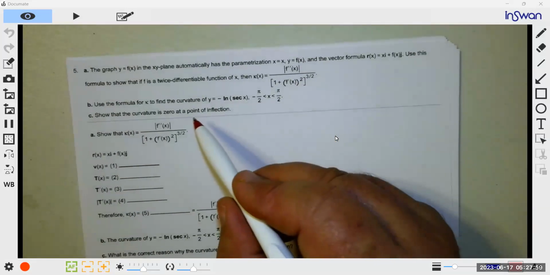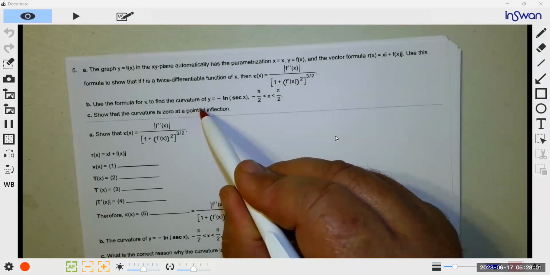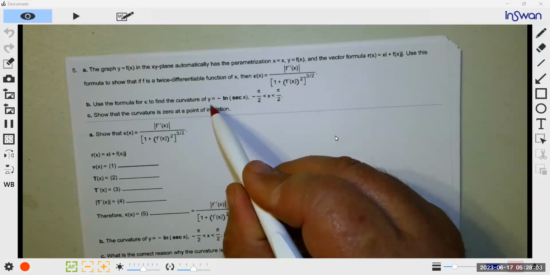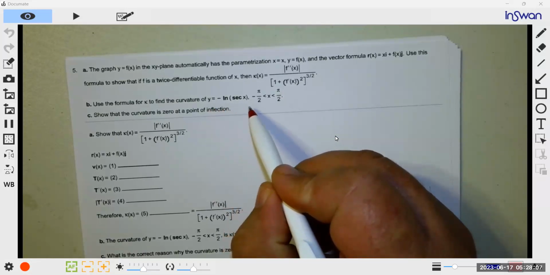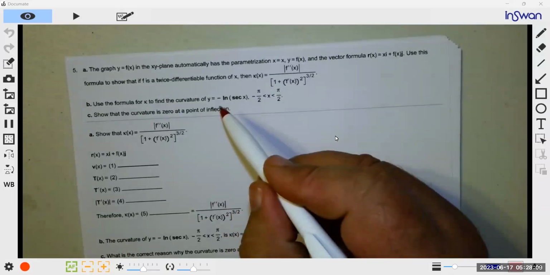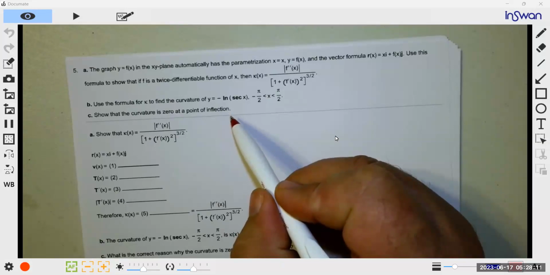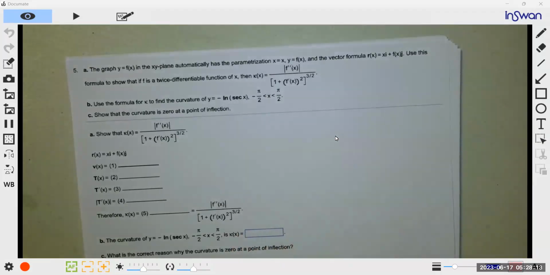Then use the formula for k for the curvature of y equals ln secant x and show the curvature is 0 at a point of inflection.